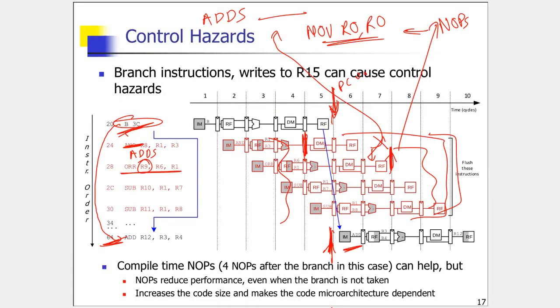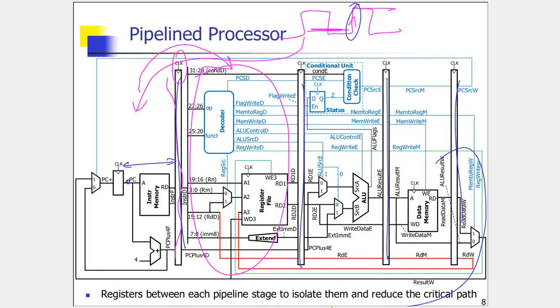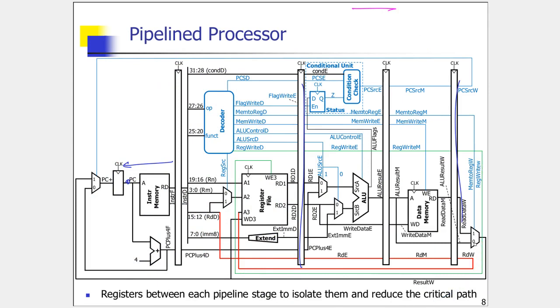So for example, if you look back at this diagram, you can see that, let's say the CMP instruction changes a flag at the end of this. So when CMP goes here, the branch which was here comes in here. And the branch instruction reads the flags after the CMP has written. So there is no problem. As long as you read it after the write is complete, it's okay.